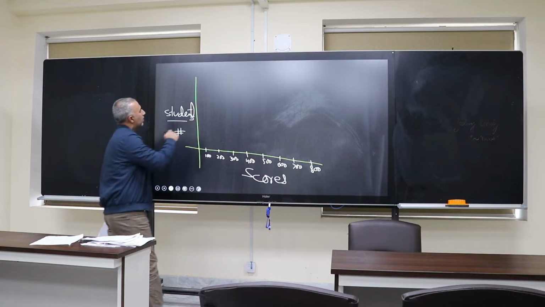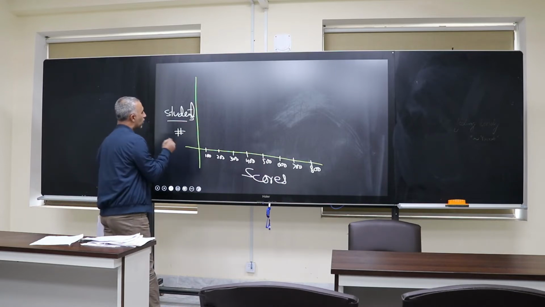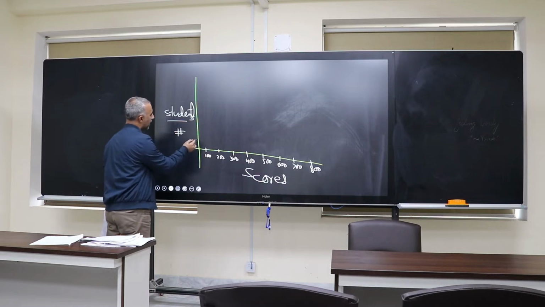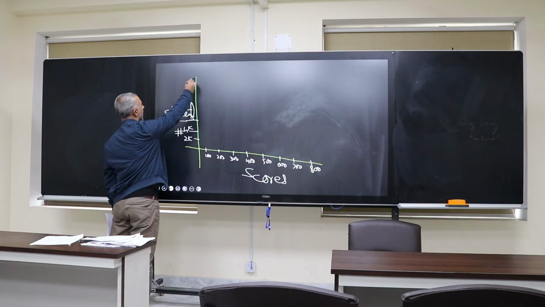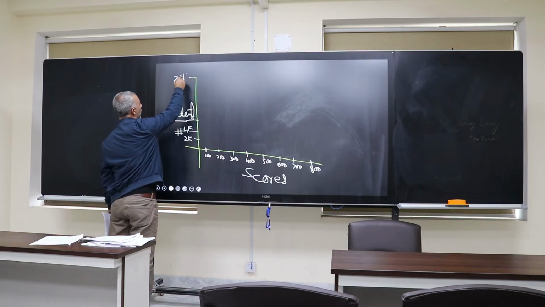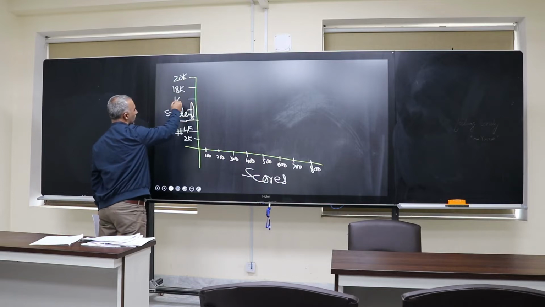Let's check how many students out of the 20,000. Okay, suppose there are 2,000, 4,000, even numbers, up to 20,000, 18,000, 16,000.